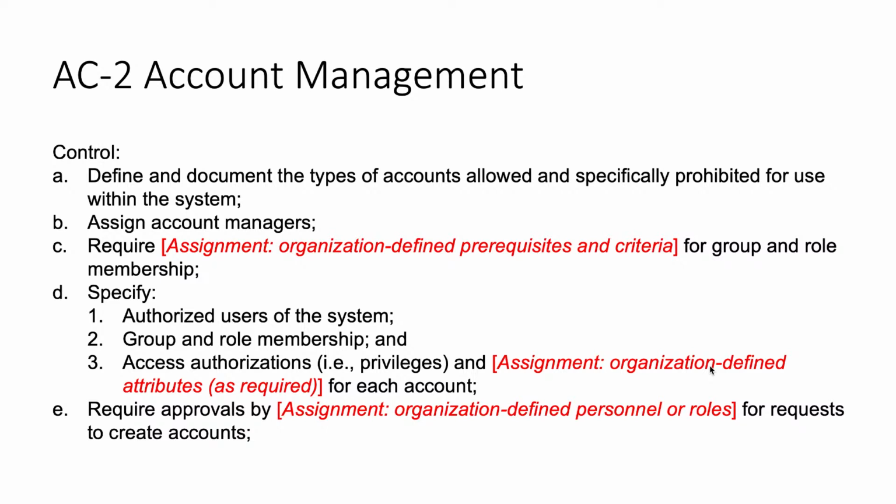And where do we document them? That's when we need to make sure we're keeping up with AC-1, right? In our policies and our procedures, we're going to document these things, right? So I like to include standards. Standards is a good place to say, hey, these are the types of accounts we're going to have. These are the types of accounts we're not going to have.